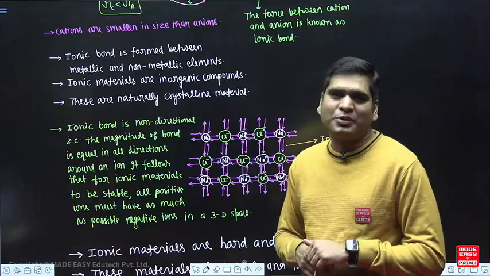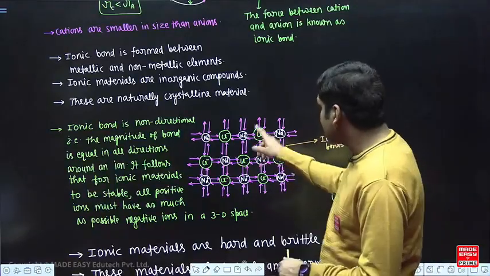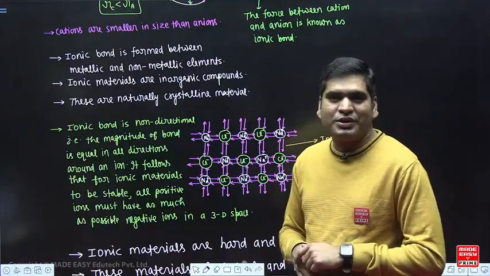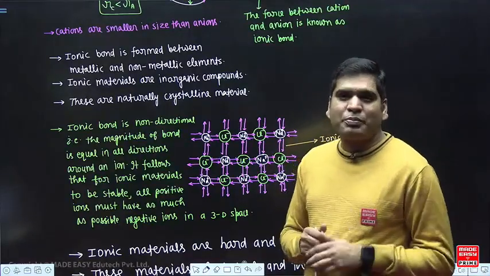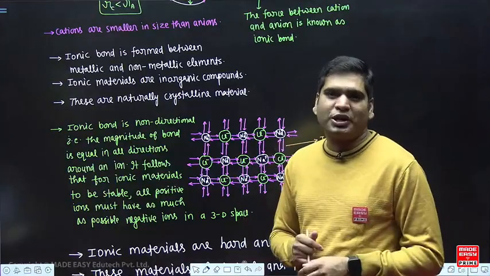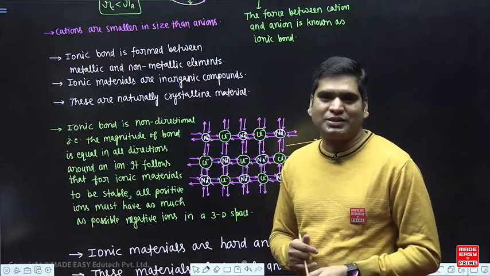Salt gets dissolved in the water, which means these bonds are broken. Then only the solid will dissolve into the liquid. And when these bonds are broken, then it is not salt. In fact, it has become salty water. So salt is not a good conductor. Salty water is a good conductor.